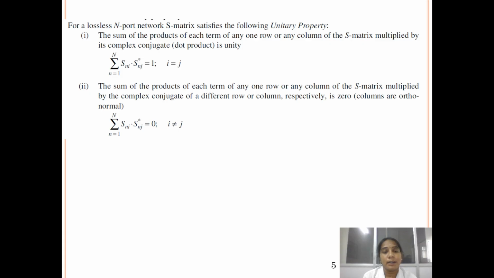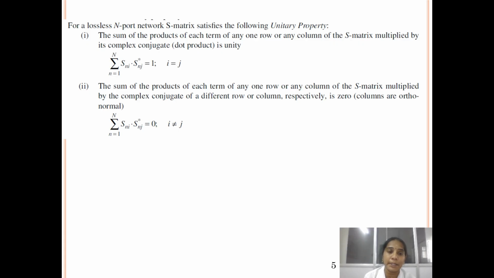Here i represents the row number and j represents the column number. If you take row 1, we multiply that row 1 with column 1 of its complex conjugate matrix, and that will be equal to 1.